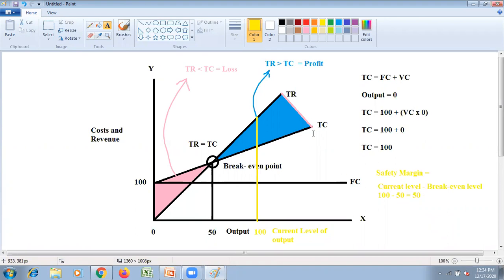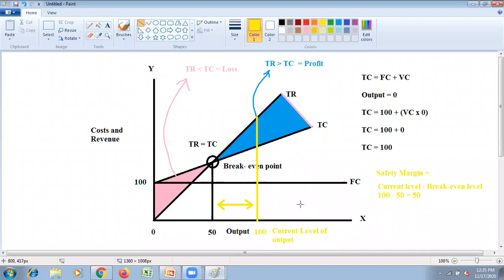But what does it mean? It means if the business loses sales by 50 units, still the business will not lose, during the period of time or during the year.